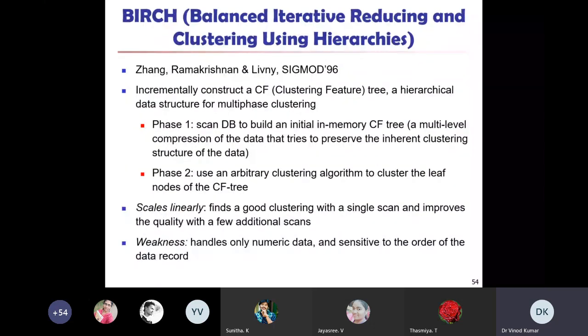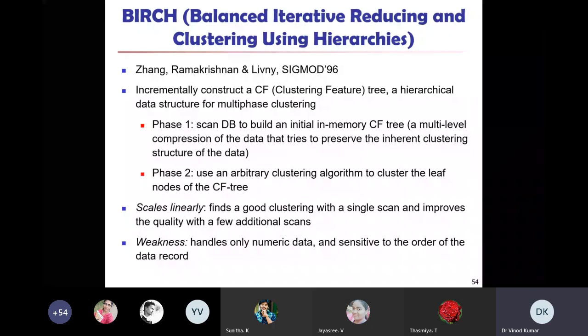So what is there? Balanced Iterative Reducing and Clustering using Hierarchies. In this, you incrementally construct a CF, that is the clustering feature tree, a hierarchical data structure for multi-phase clustering. So tree is also a data structure. Anybody answer, is a tree a data structure or not?